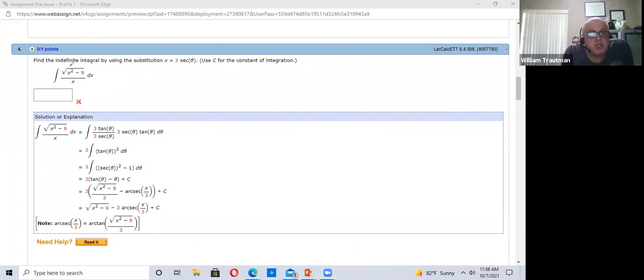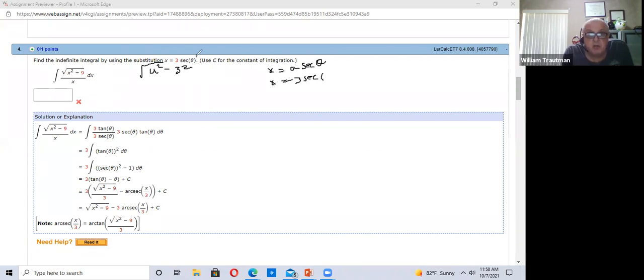So we're going to start with u squared minus 3 squared. If you look at your rule, that was number 3, where x equals a secant theta, and so x equals 3 secant theta.